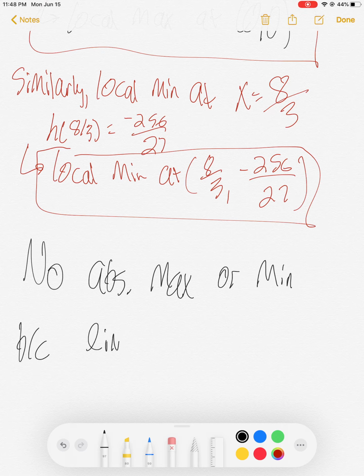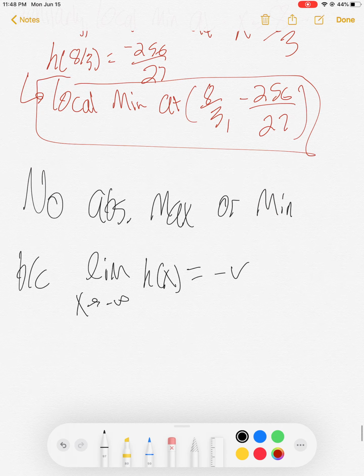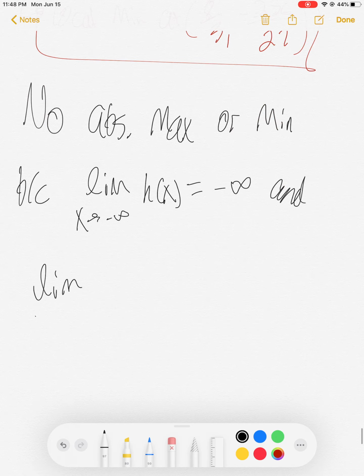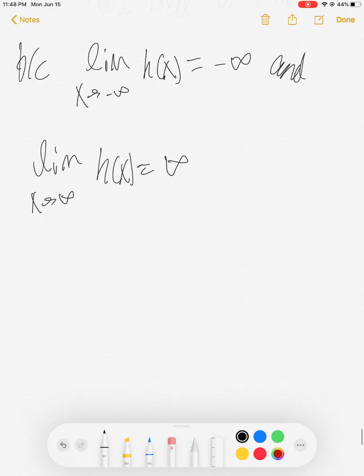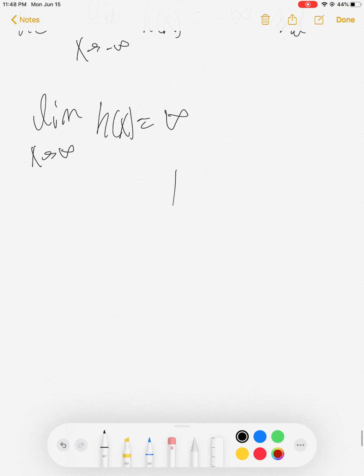And whenever x is negative, x cubed is negative. So this will shoot off to negative infinity in the left direction and positive infinity to the right, which means there are no absolute maxes or mins.